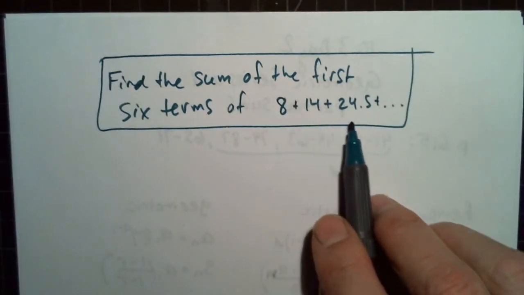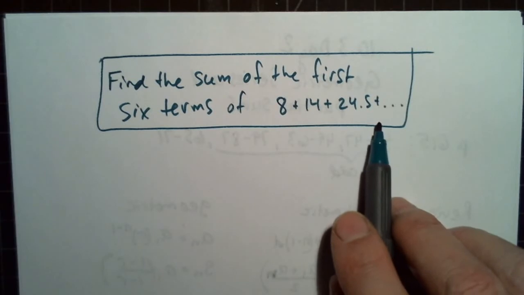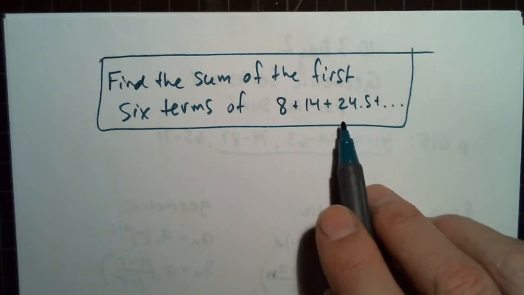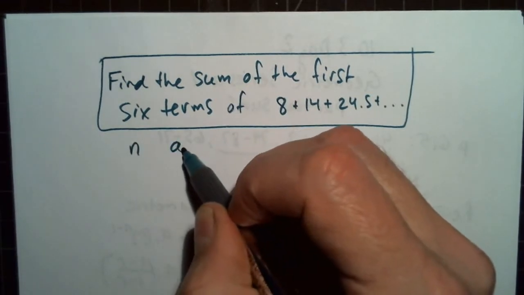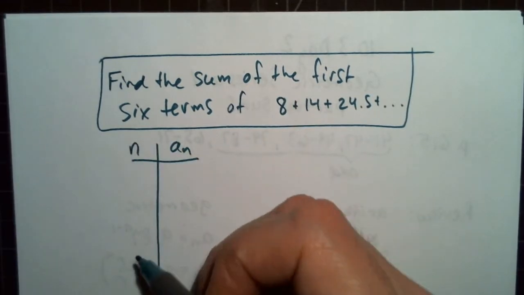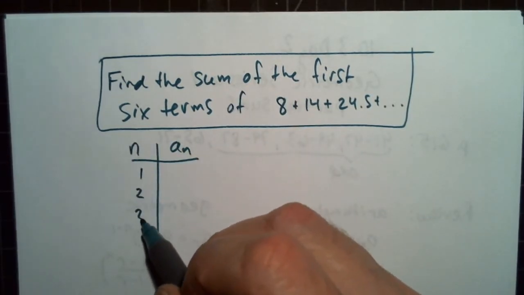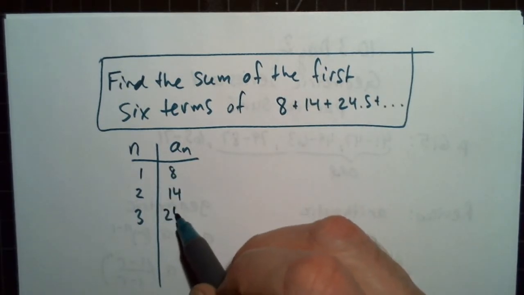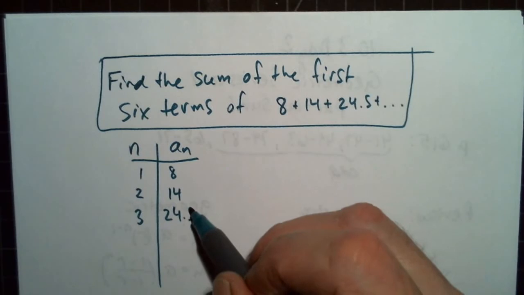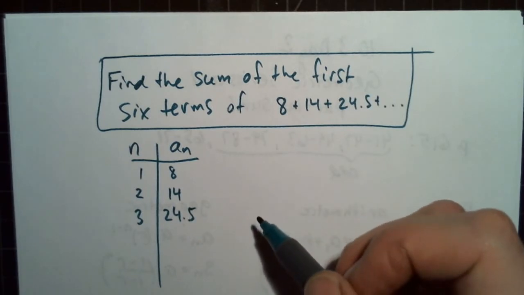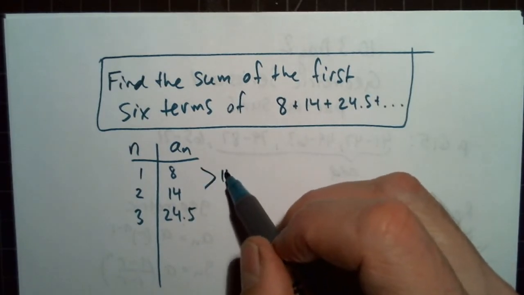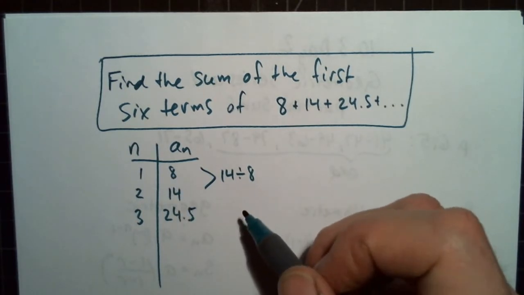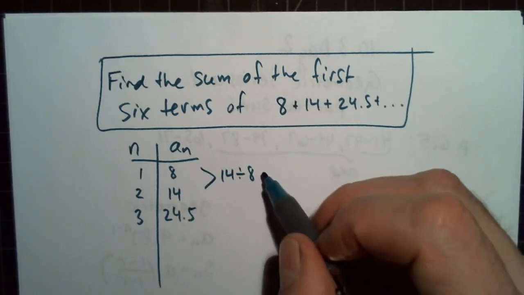Alright, so here we have a series, and we would want to verify that it is geometric. So we look for a common ratio by dividing 14 by 8, and we get 1.75.